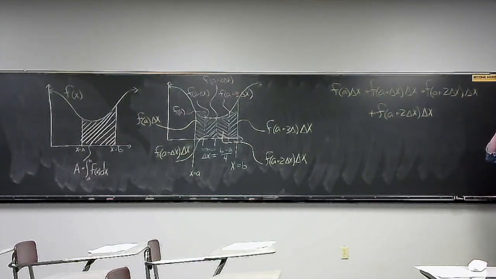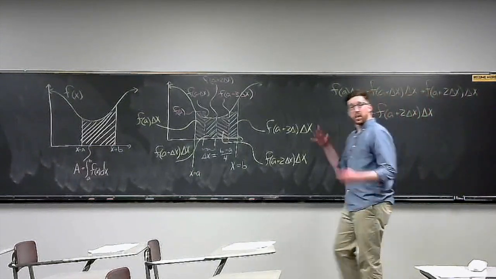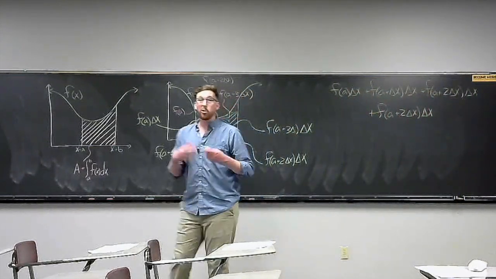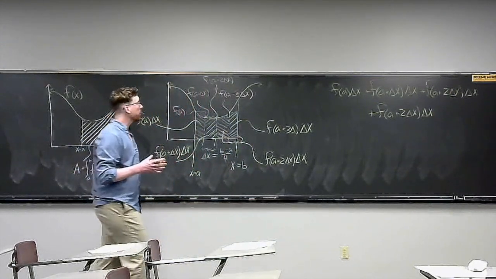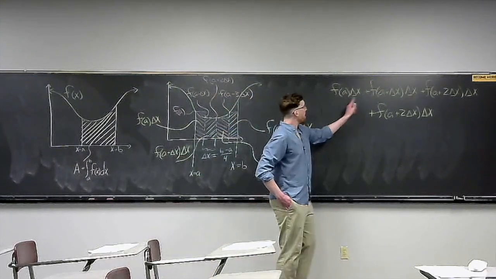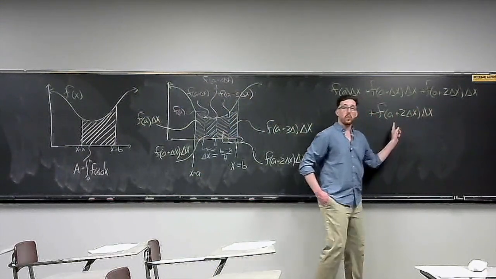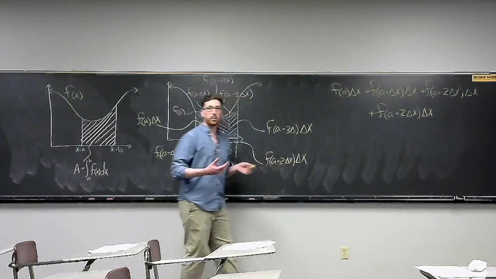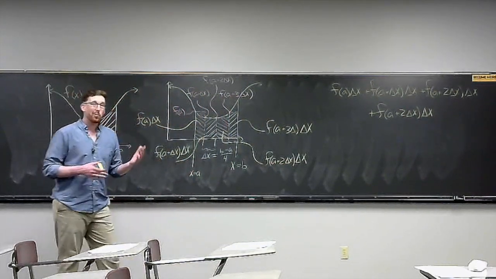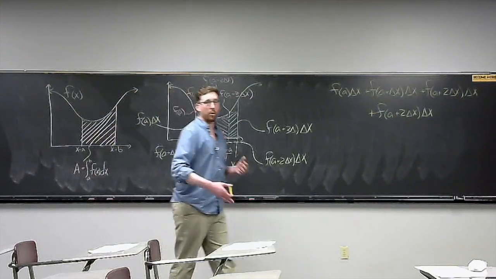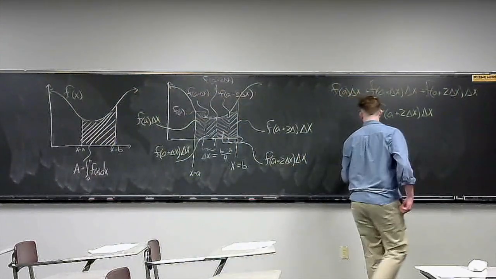Well, hey, check it out. What we've got here is something that we could condense into a lot smaller notation, because we're applying a particular rule for how to evaluate our function, aren't we? And then we're just doing the same operation over and over and over.